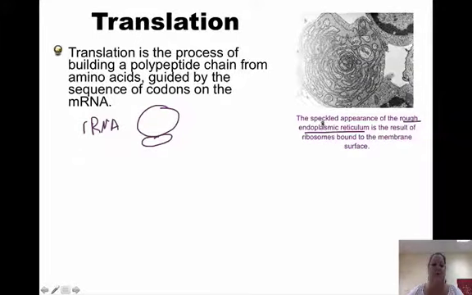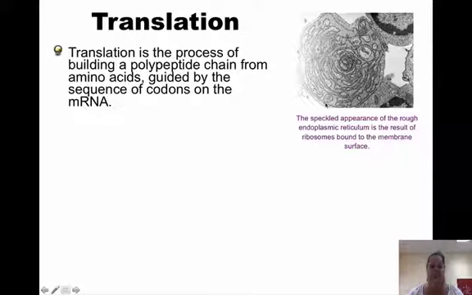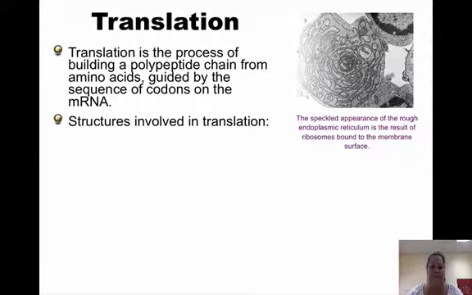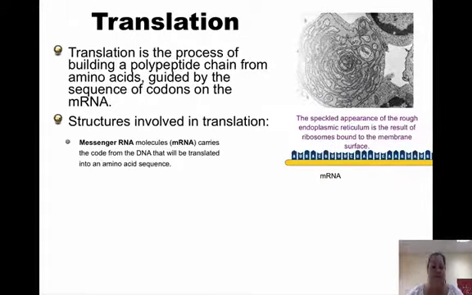You will see this out in the cytoplasm where all of these ribosomes are taking place. The structures involved in translation: we have the mRNA, which is taking the message of the DNA. We get this inside the nucleus, and it goes outside the nucleus into the cytoplasm.